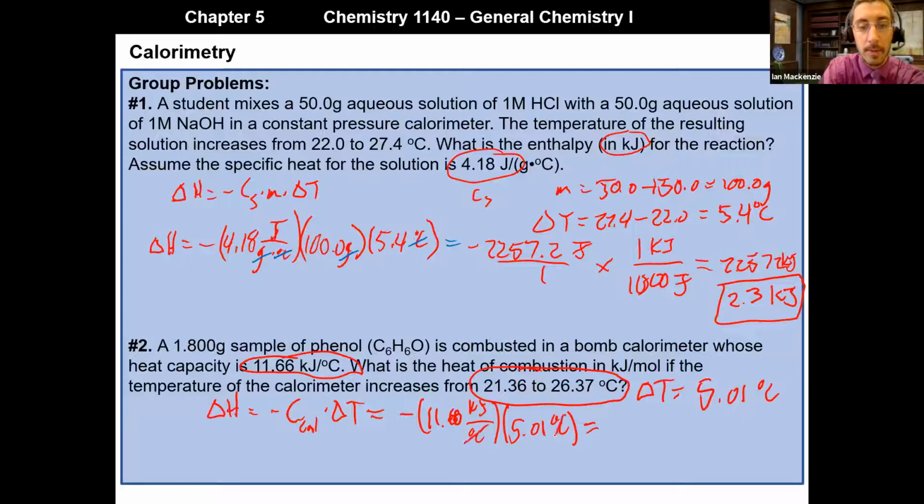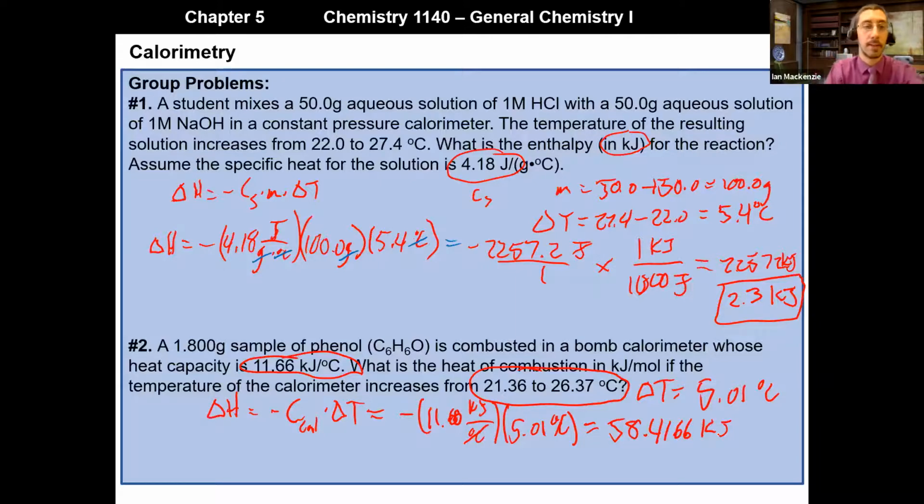My degrees Celsius cancels, and I come out with 58.4166 kilojoules. Now, I haven't been asked for it in just kilojoules. I've been asked for it in kilojoules per mole. I need to figure out how many moles of phenol I have present.